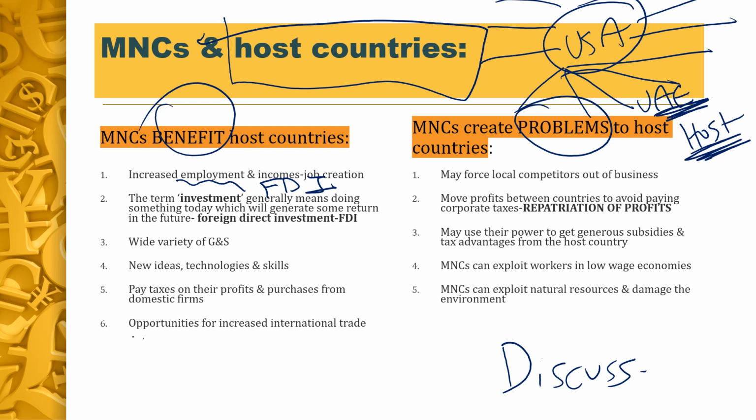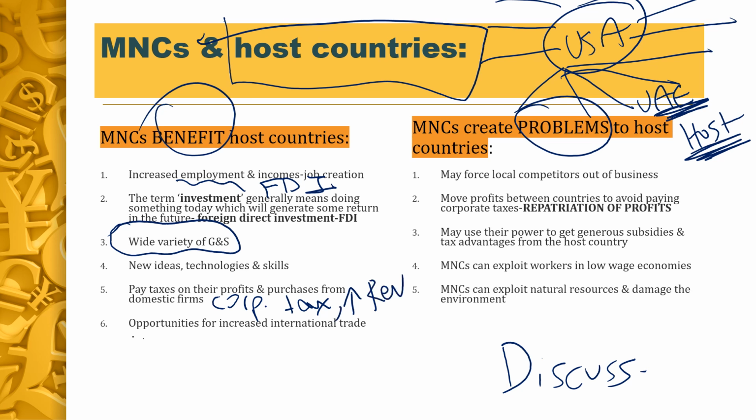This is better for the people in the country because they would have more variety of goods and services, which would lead to newer ideas, new technology being used, and even new skills. Again, when this MNC is operating, they are paying something called corporate tax to the government, so this will increase government revenue.